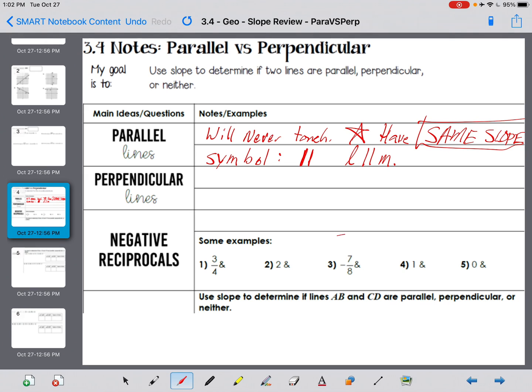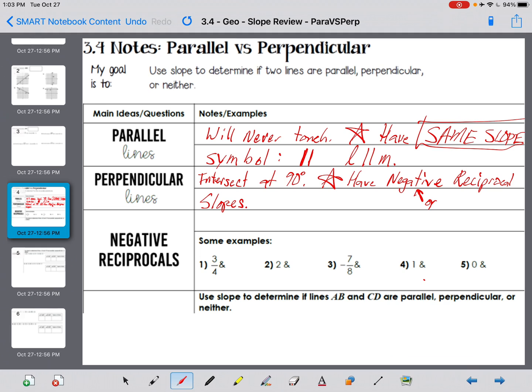Now, perpendicular, you might say intersect at 90 degrees. And that is a result of the important part, which is that perpendicular lines have negative reciprocal slopes.